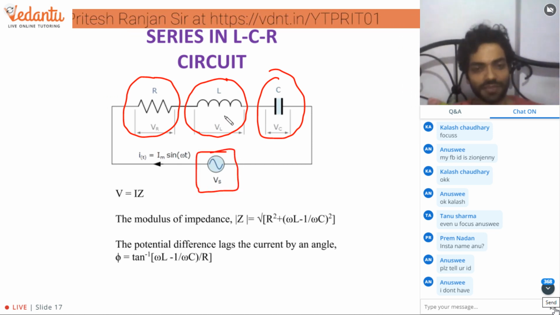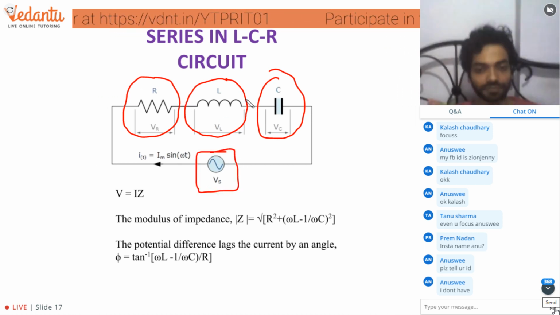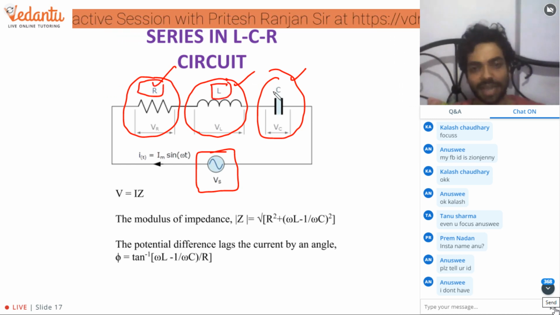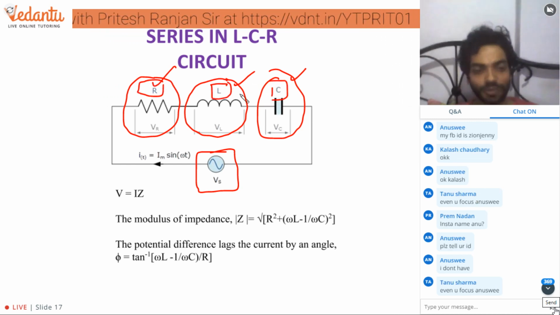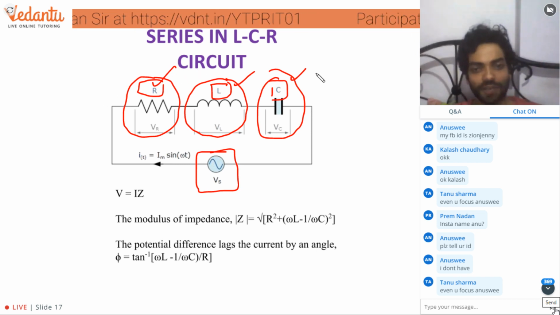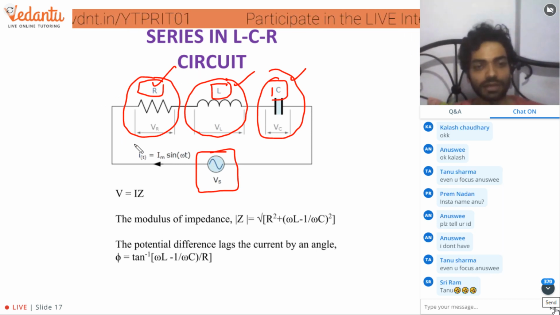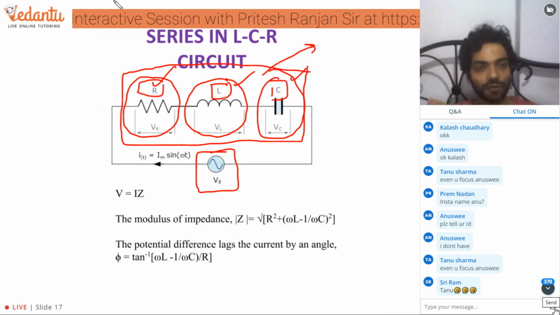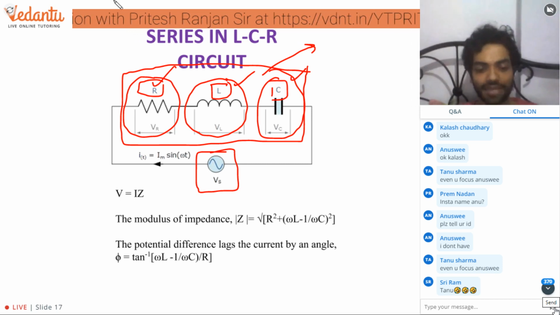So you would observe here the resistance, the inductive reactance, and the capacitive reactance offered by these three components individually. We do not take these individually. We just need the total resistance offered by all these three components, and that is what we call the impedance of the circuit.